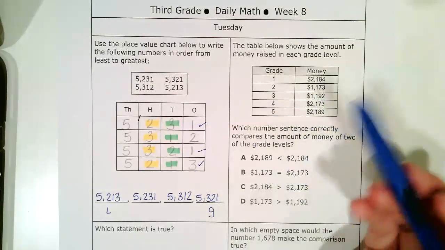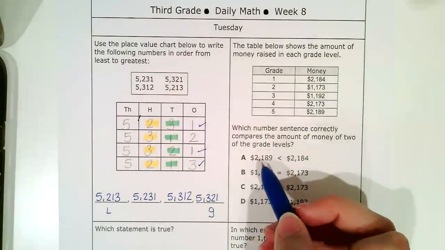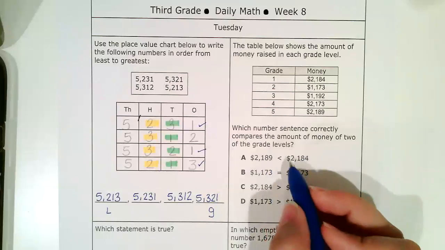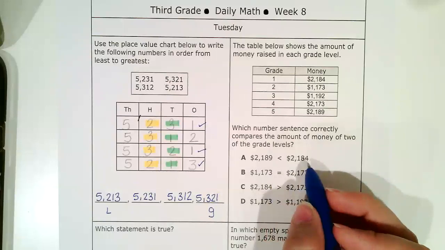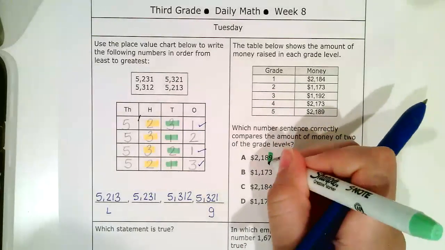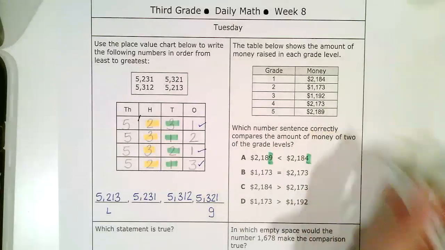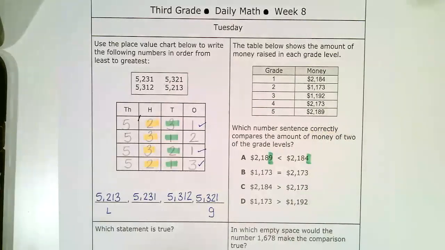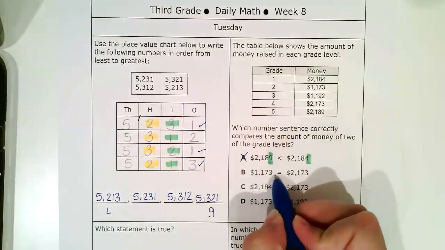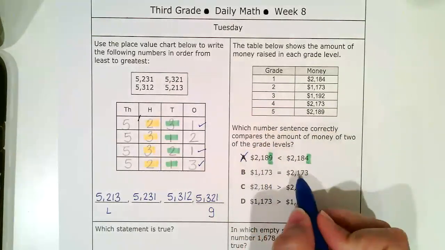Okay, so let's look at A. 2,189 is less than 2,184. Well, if you notice, let's look at the number in the ones place. 9 is greater than 4. That cannot be correct. B, 1,173 equals 1,773.